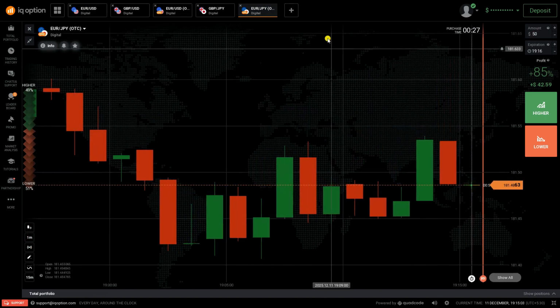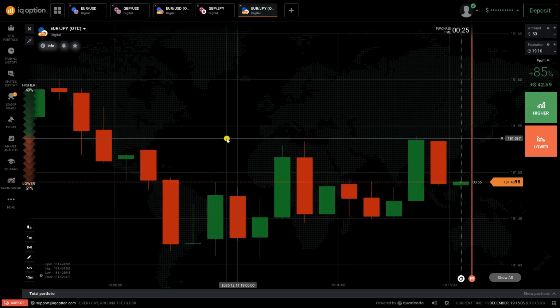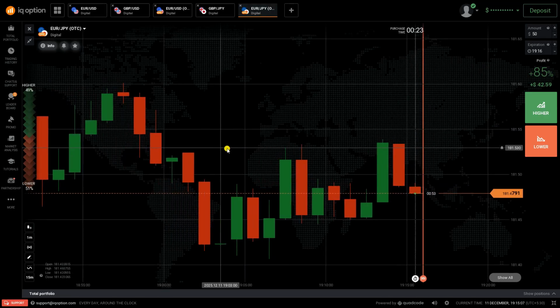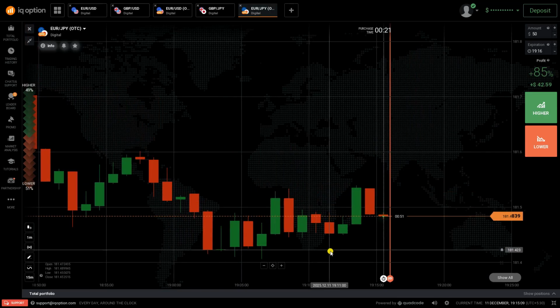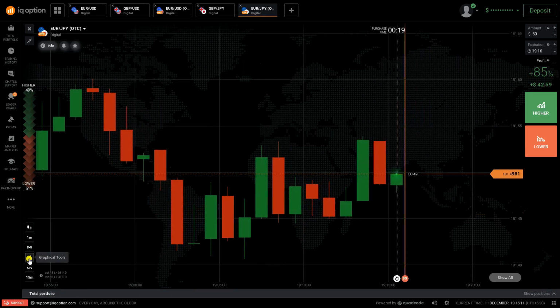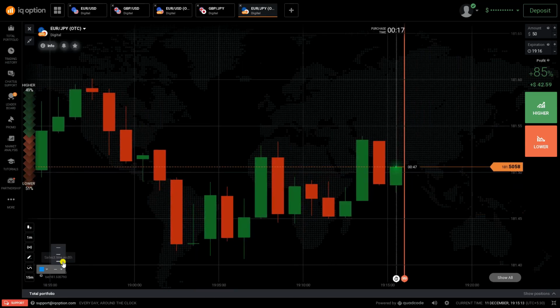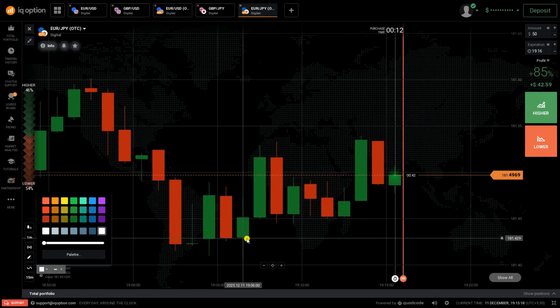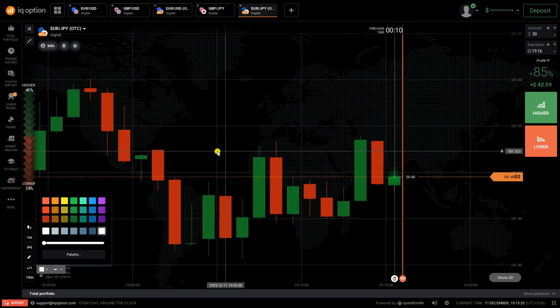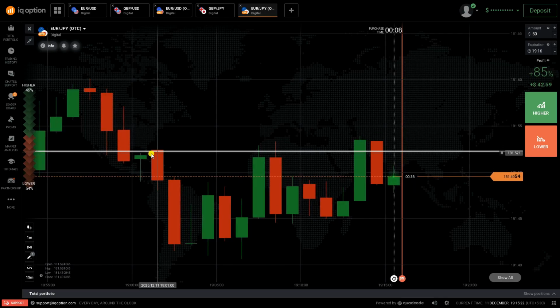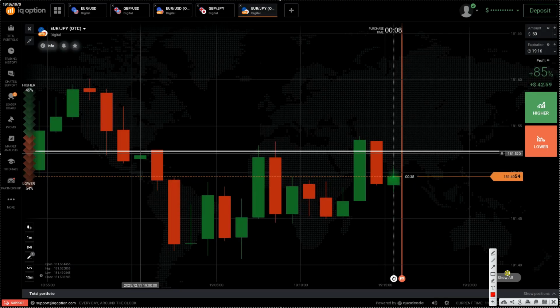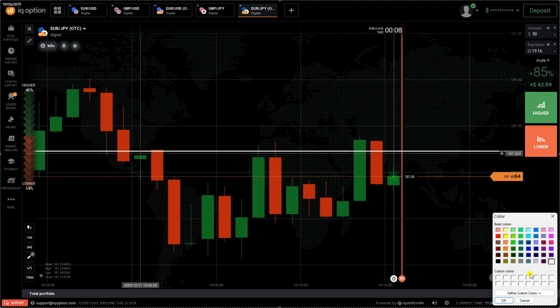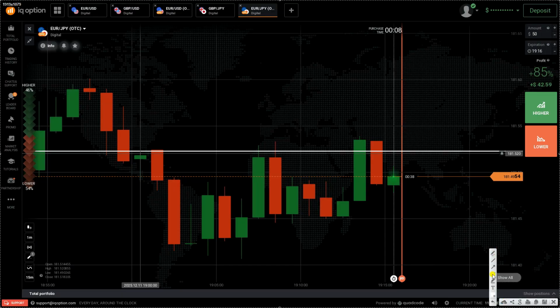So let us move on to the EUR/JPY market. In this market, we must place a line. So select this pencil option and use the horizontal line. Here I am placing the line exactly at this point. So observe carefully. This is resistance 1 and this is resistance 2.